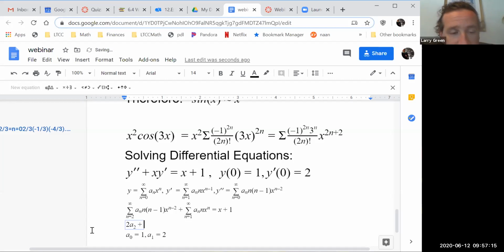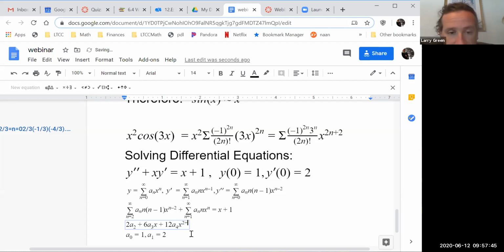Plus, if n equals 3, we get 3 times 2, which is 6, a sub 3 times x to the 1. If n equals 4, you get 4 times 3 is 12, a sub 4 x squared.